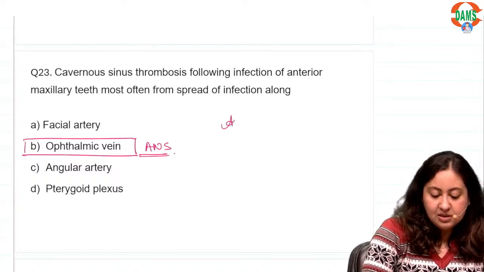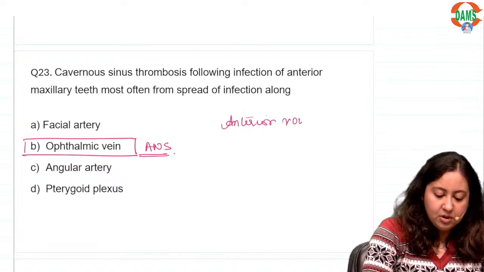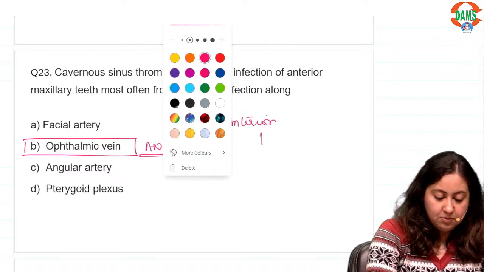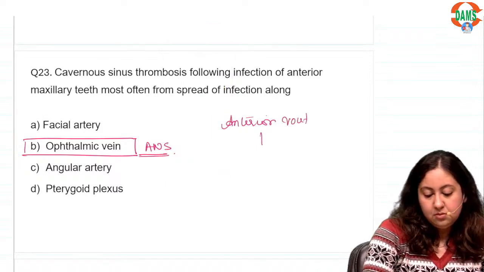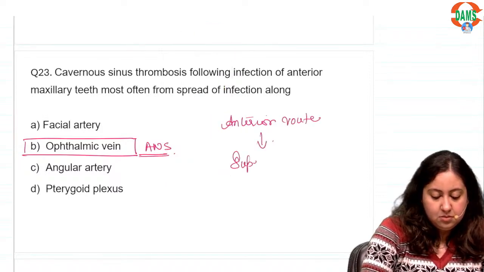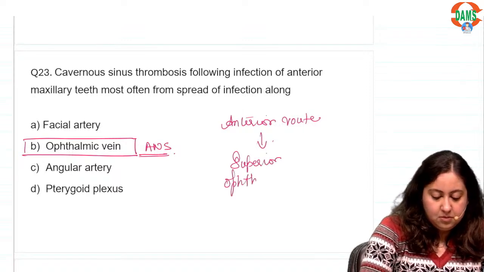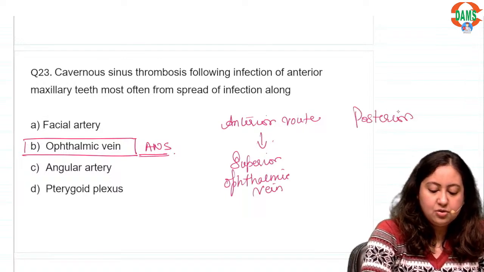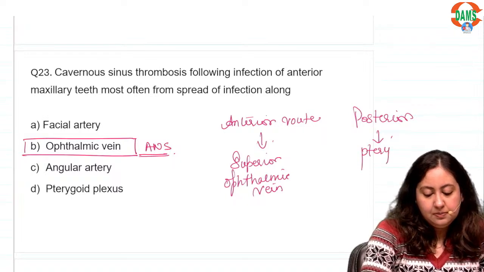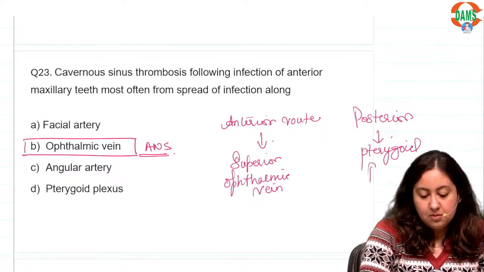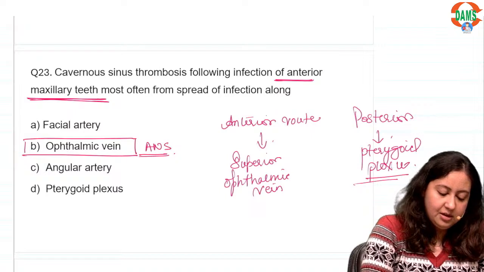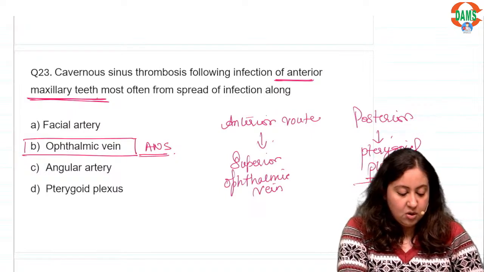Please remember, the anterior route to the cavernous sinus is through the superior ophthalmic vein, and the posterior route is through the pterygoid plexus. The question mentions anterior maxillary teeth, so option B is your answer.